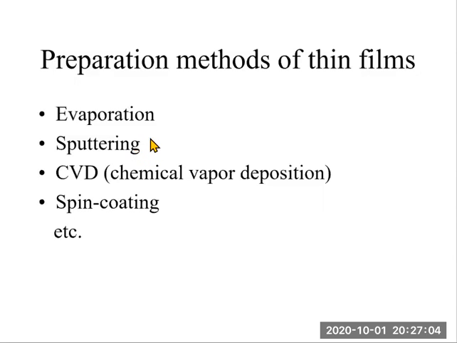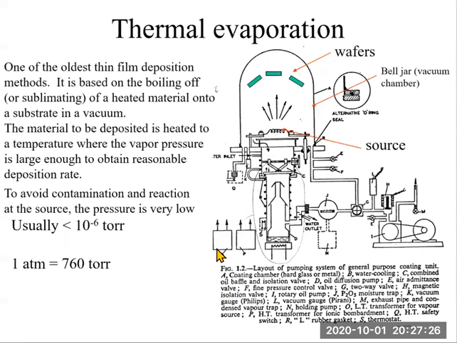Later we will have more detailed discussion. CVD, chemical vapor deposition, and spin coating. Previously we used spin coating to coat polymer thin film or photoresist thin film. Okay, let's start with thermal evaporation.